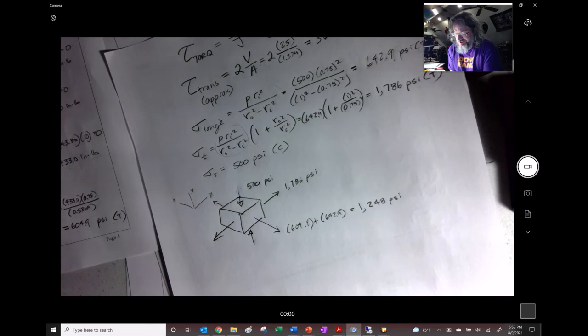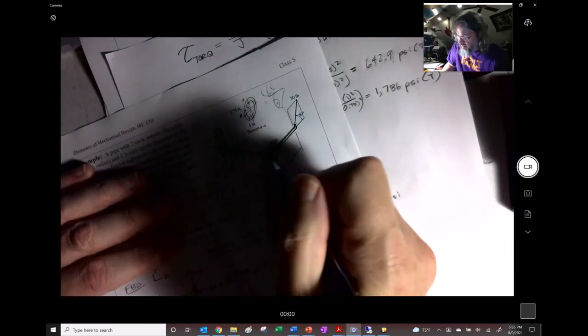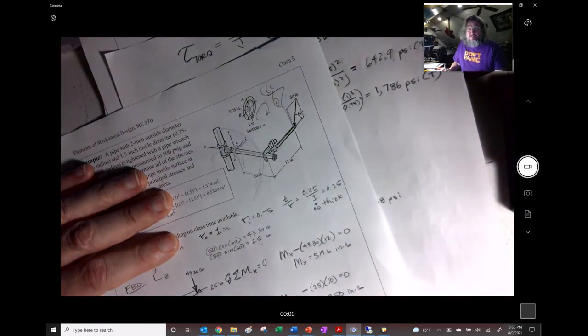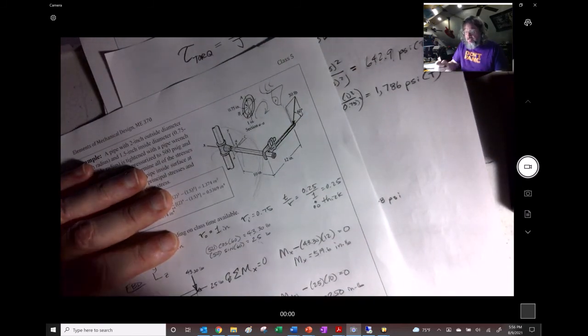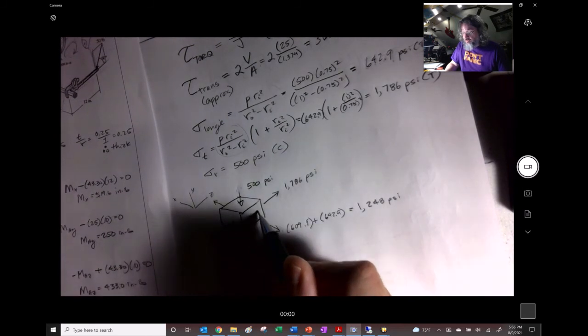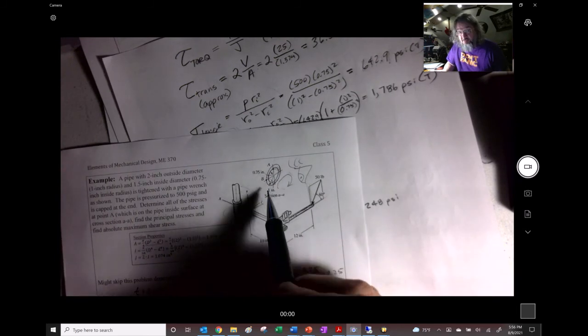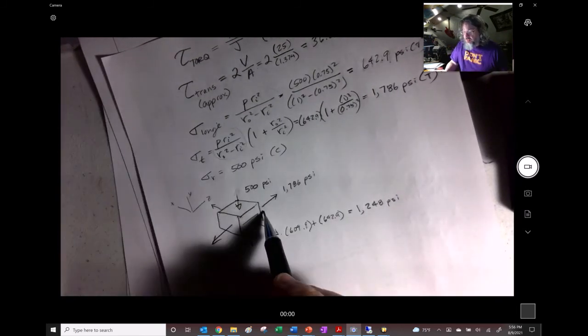Now here comes some real thought that we really have to put in. What about the shear? How is that shear taking place? First off, what face on this little cube is the shear taking place on? You could even just sketch it out. The shear is coming around this way, and in the twisting that this thing is doing, it's going across the face of that element that's up here at the top.